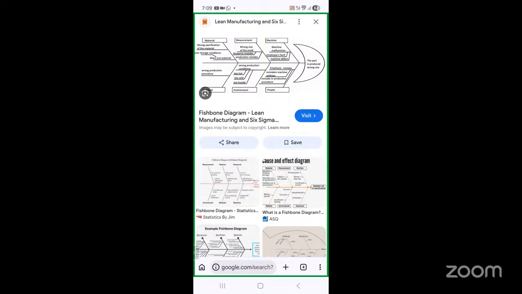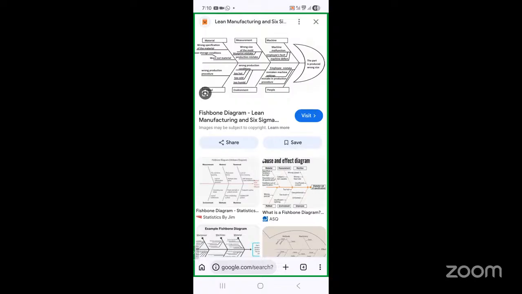Material can be defective. Okay. Shejal, please write it down. Okay, Shejal writes defective material. Another one, corroded material.